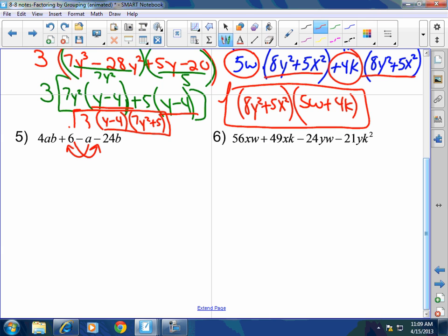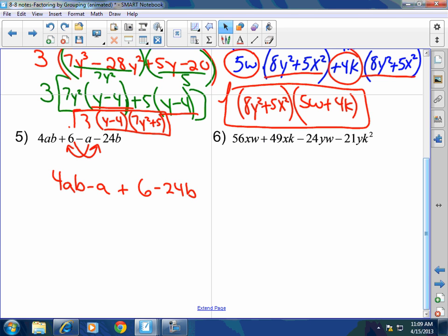Switch them. So rewrite it as 4ab minus a plus 6 minus 24b. Now, let's see if we can group them. That's all you have to do, guys. If it doesn't work on the first setup, switch the places of these two along with the signs.